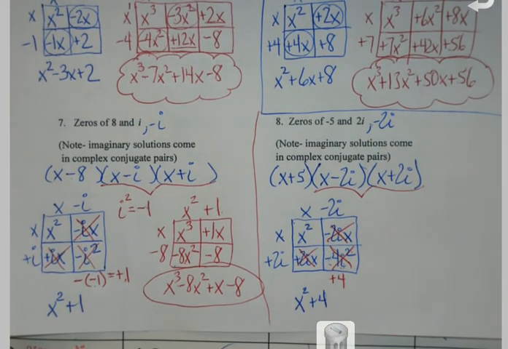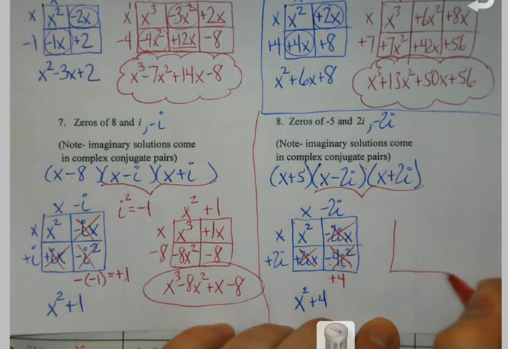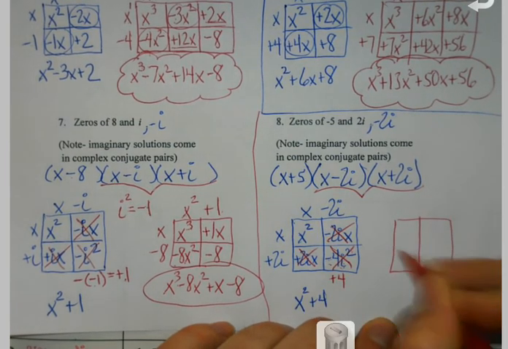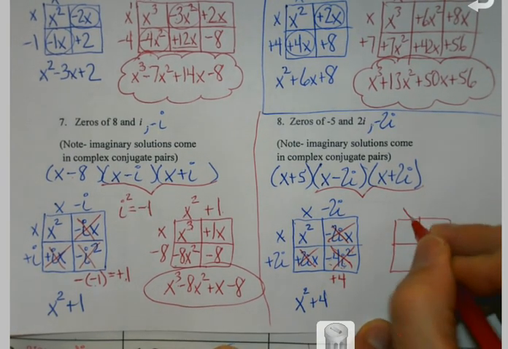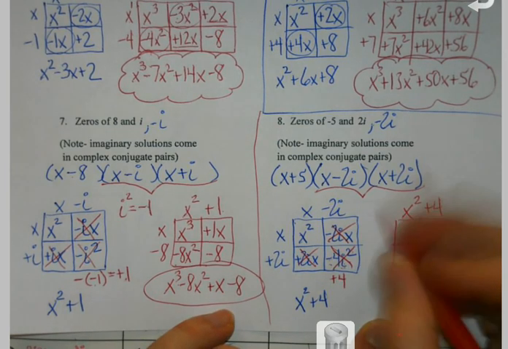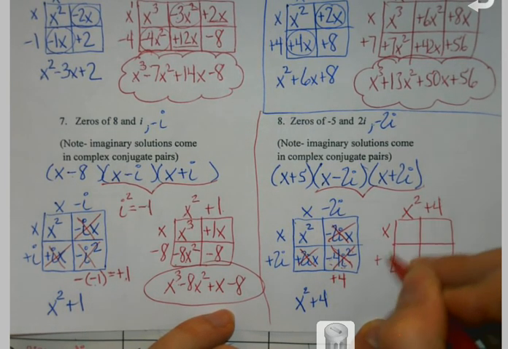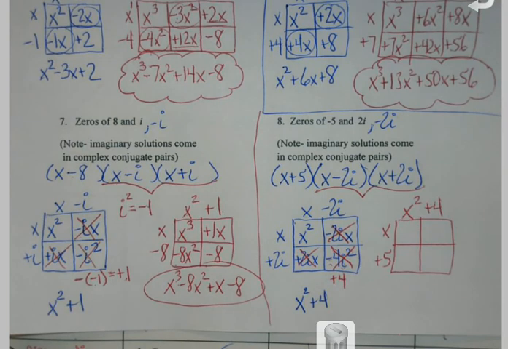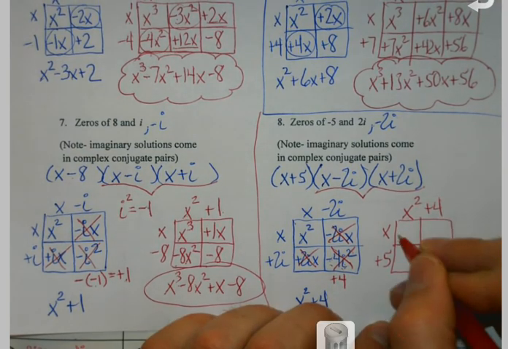And then just like we did back in number 7, I get my x squared plus 4, and then my last binomial, x plus 5. And again, we multiply to fill the box.